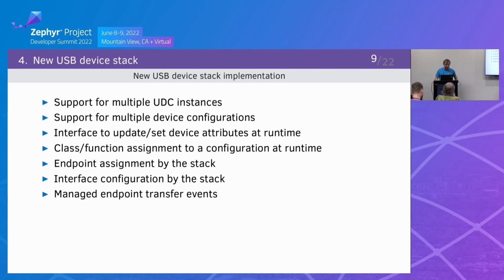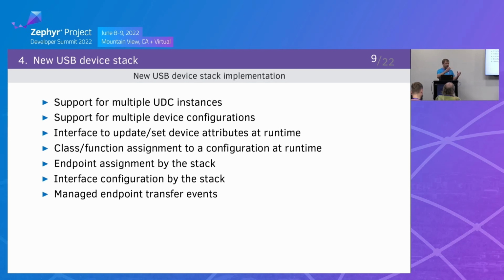The new implementation has class and function. It's also confusing, since the USB spec uses functions. Internally we use class as the name, and that will have support for multiple classes, class instances, and assignment to a configuration at runtime.